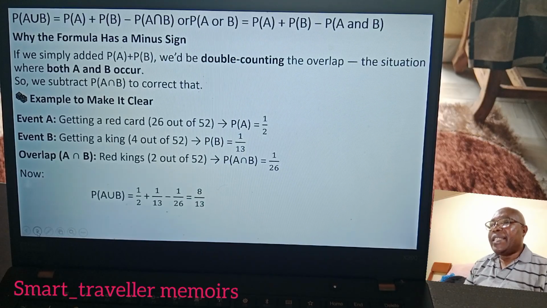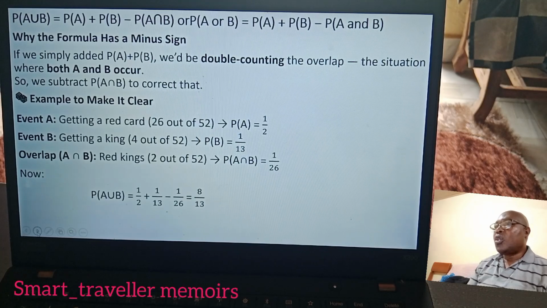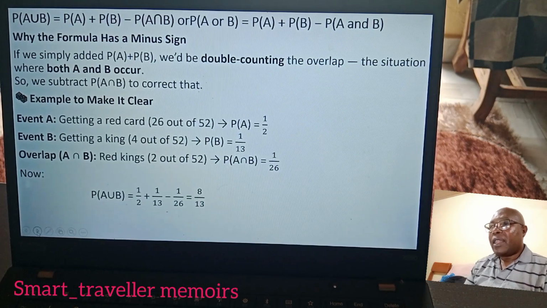So the overlap, A intersection B, is the red kings, that is 2 out of 52. And therefore the probability of A intersection B is 2 over 52, which is 1 over 26.